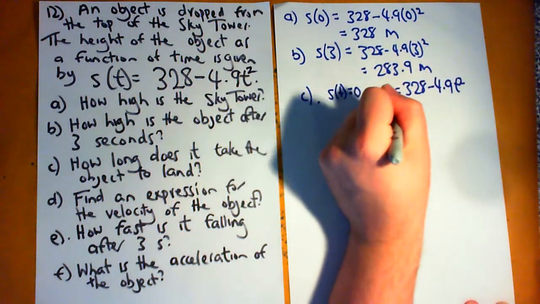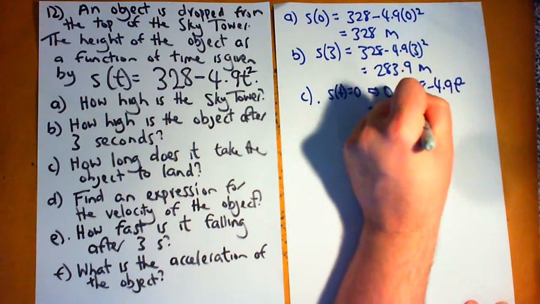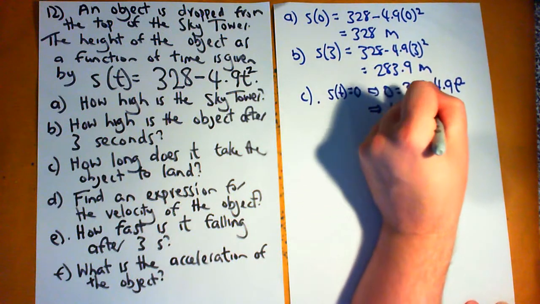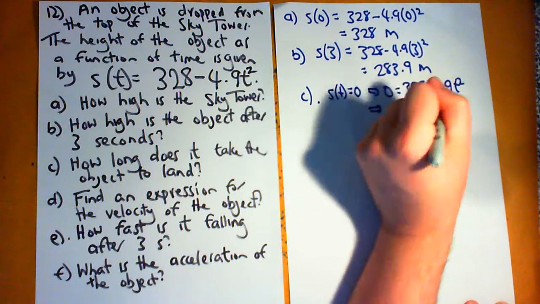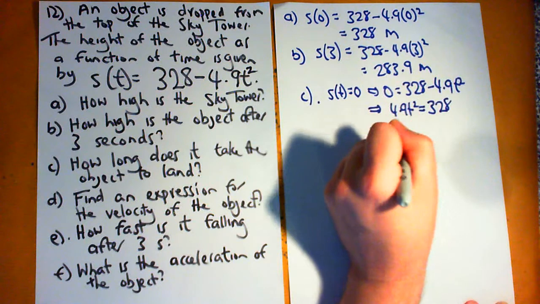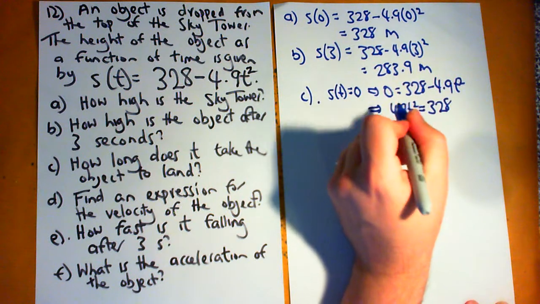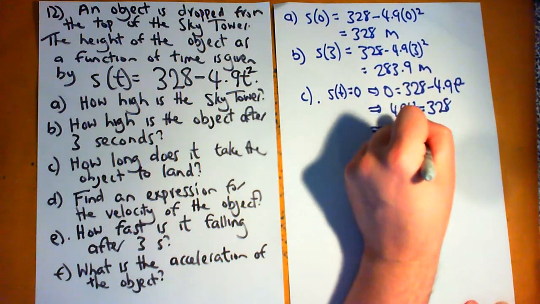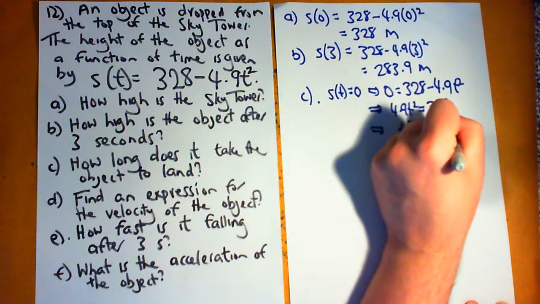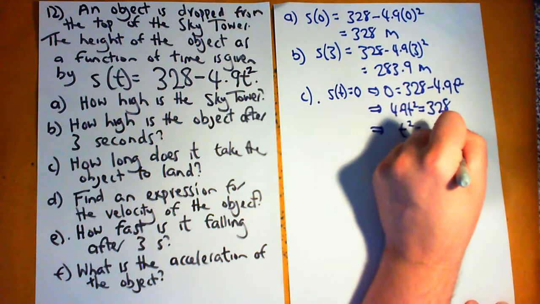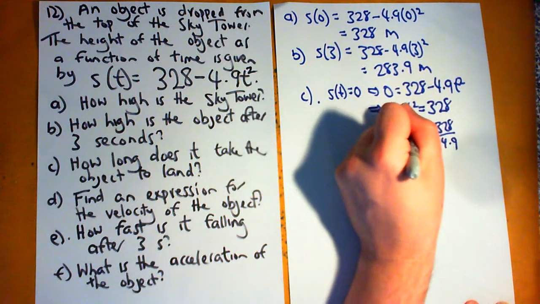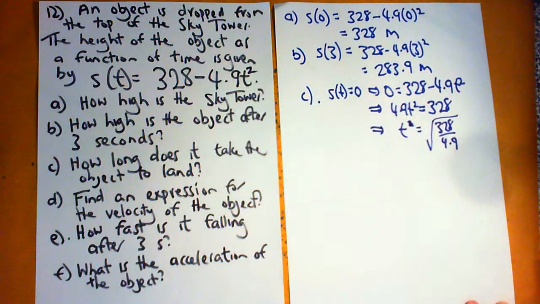So therefore, 4.9 t squared, if we move that term to the other side, equals 328. So if we divide through by 4.9, we get t squared equals 328 divided by 4.9, and then we'll take the square root of that.